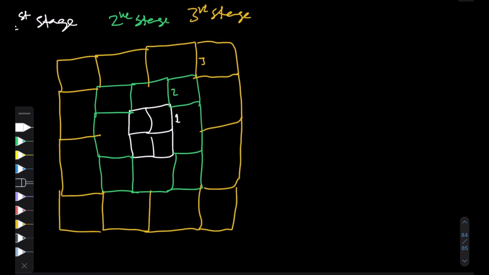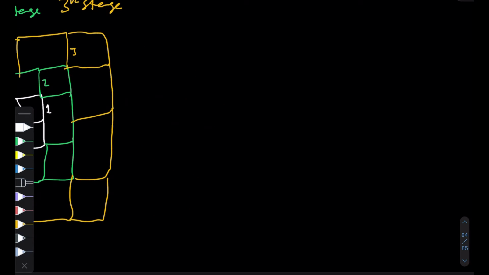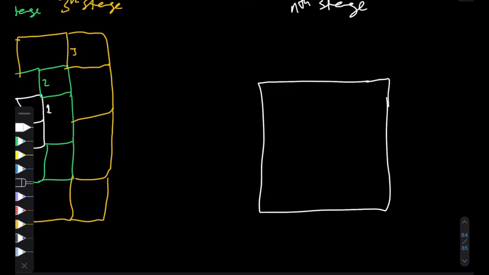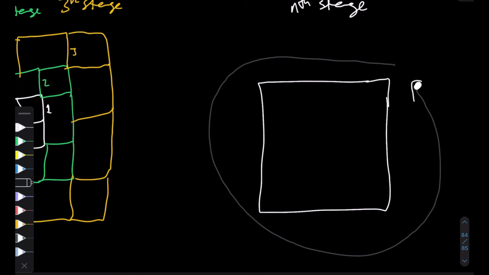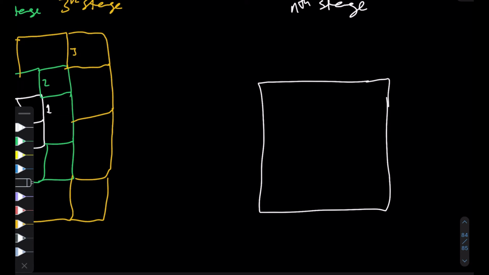One more thing to note is that if you're at any nth stage, it is always possible to get to the (n plus 1)th stage. So if you're at the nth stage, your box will look something like this. You can always cover this up using boxes of length n plus 1, and that is always possible because in the nth stage this certain length is always n plus 1 multiplied by n.